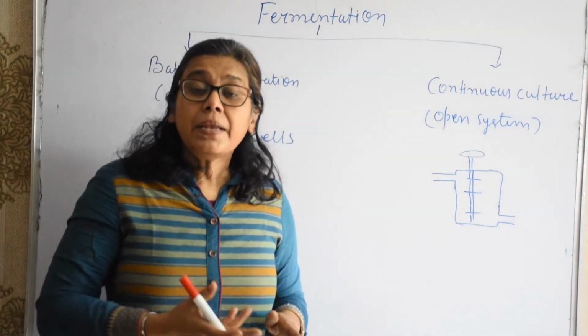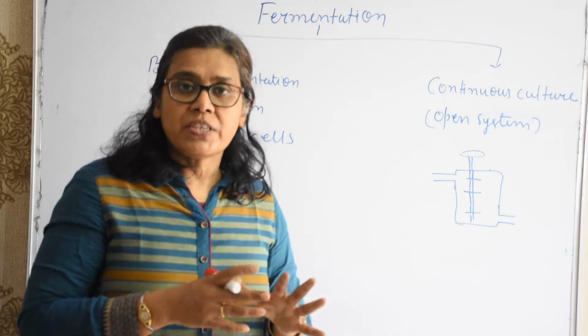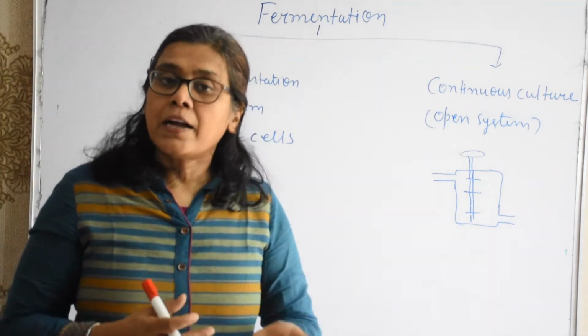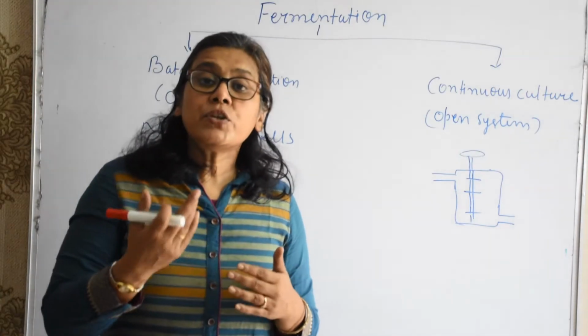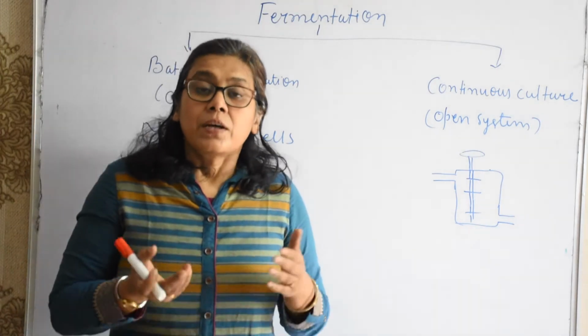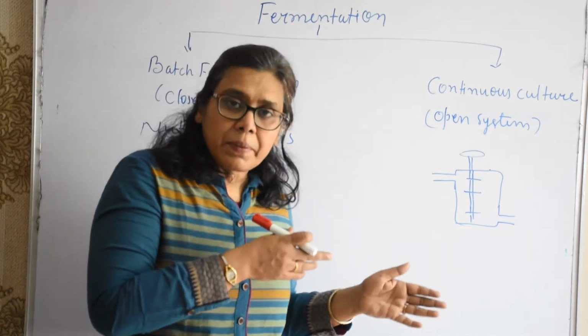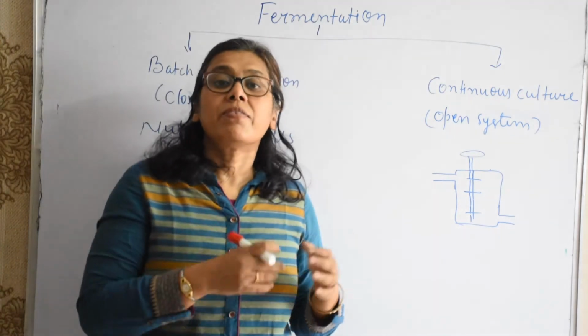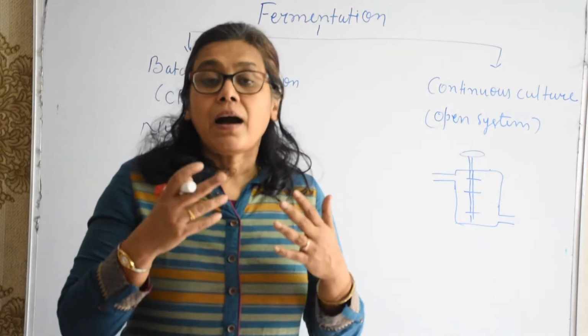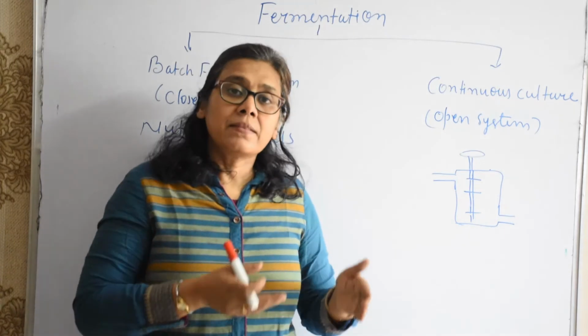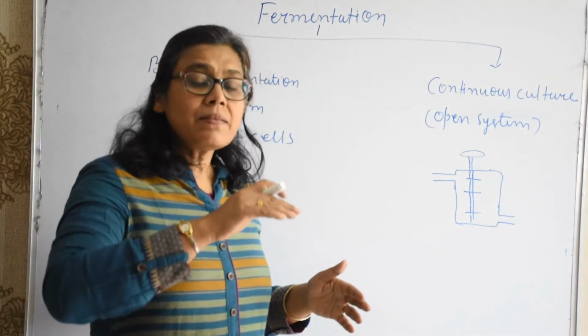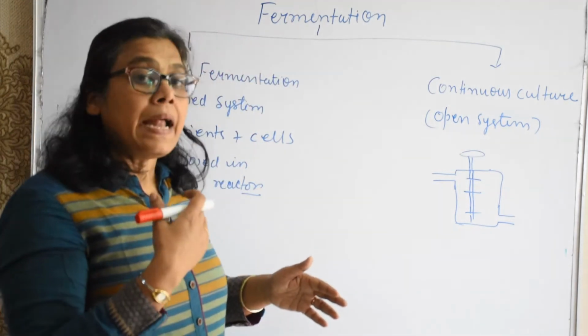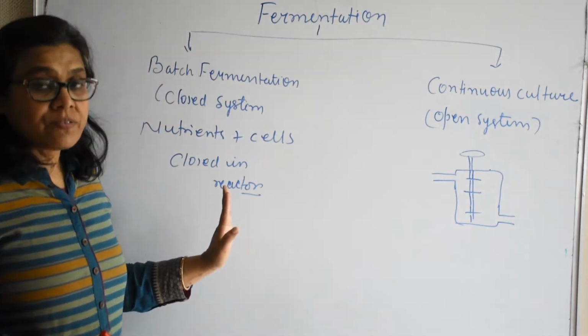For example, if we want to add some nutrient, it can't be added. Once the nutrients are utilized, the product is separated and the microorganisms used in the fermentation process are discarded, and the bioreactor is cleaned and ready for the next batch. So this is batch fermentation.